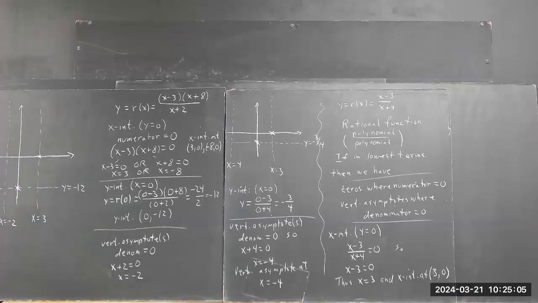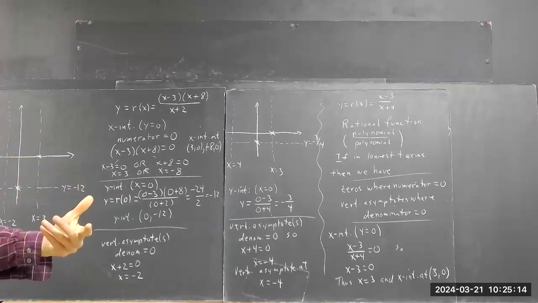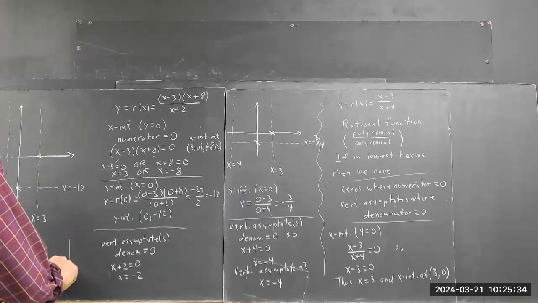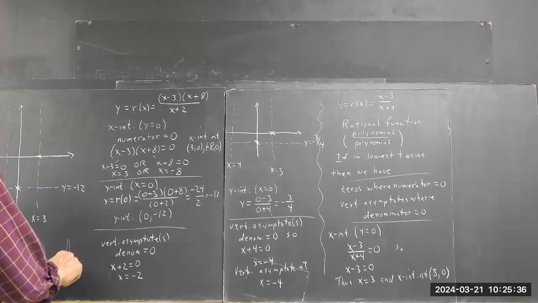Okay. And now the graph is going to approach x equals negative 2, much like the way a reciprocal function or reciprocal square function approaches the y-axis. Okay, so vertical asymptotes. Let me just draw. A vertical asymptote could be like this. It could be like this.